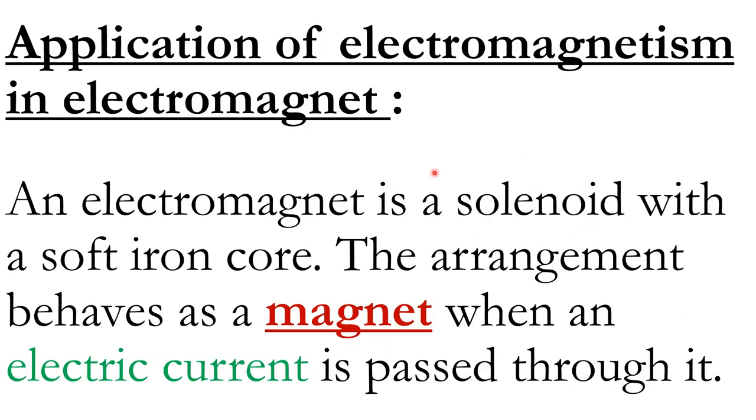You can now relate what is a solenoid? Yes, it is a coil of wire, and inside that cylindrical coil, a soft iron rod is passed. So, this arrangement will behave as a magnet when current passes through it.